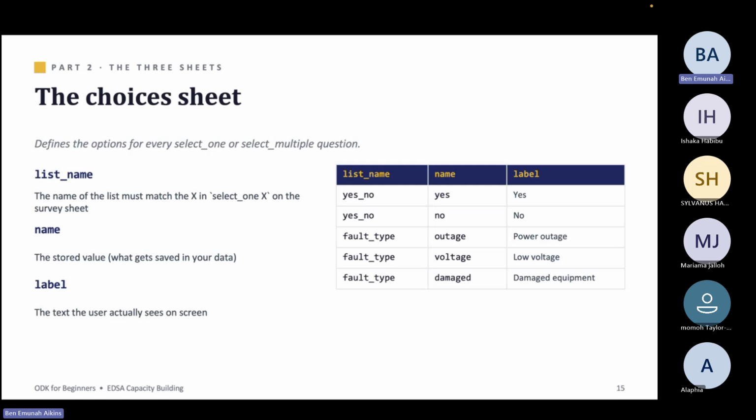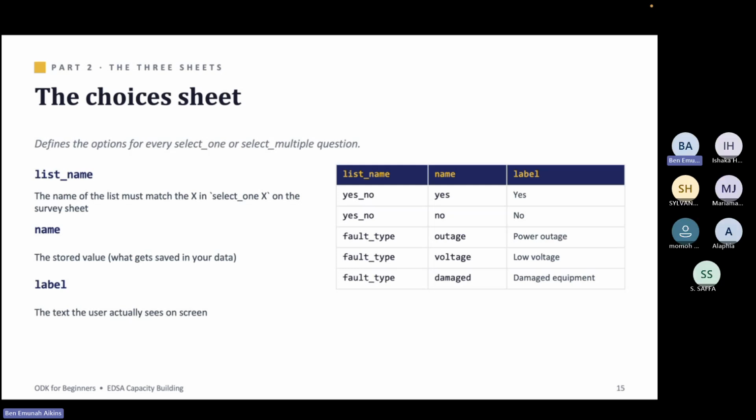Now, the list name over here is what determines whatever should show when a person gets to that question and wants to answer it. For instance, the yes or no could have been yes, no, or no idea, or yes, no, or not available, or doesn't apply, something like that.